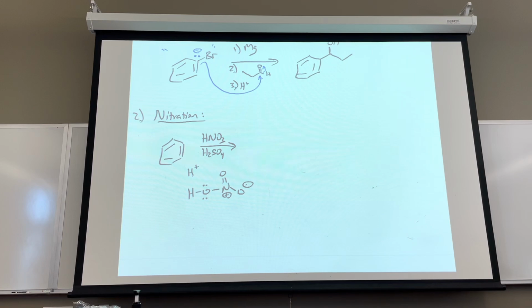So what do you think is going to happen here? What is the point of adding H+ to this nitric acid? What is the point of adding any acid to anything?